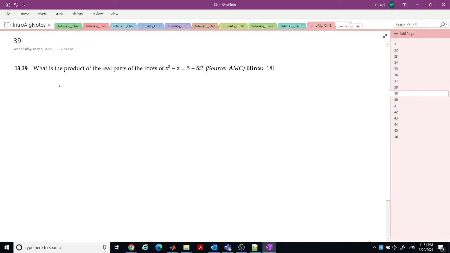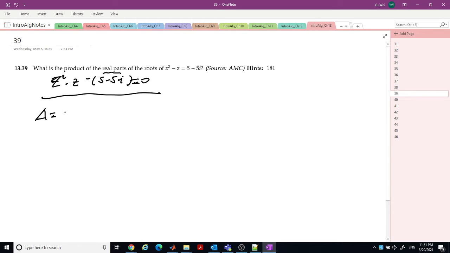Okay, so for this one, let's see. Okay, so we can have a quadratic equation of z squared minus z minus 5 minus 5i equals 0. Then we can solve the roots and take the real parts, right?